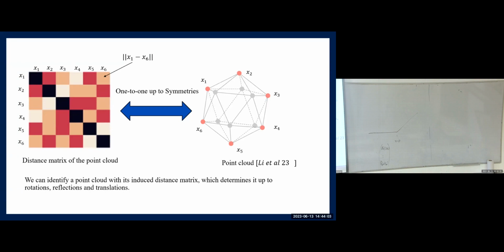Exactly, it's a weighted graph with distance information on your edges. If you're giving me this distance matrix, I can recover this point cloud one-to-one up to symmetry. Great. Yeah, it's a good clarification.